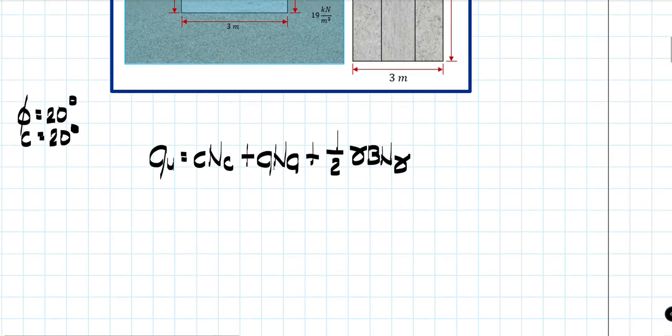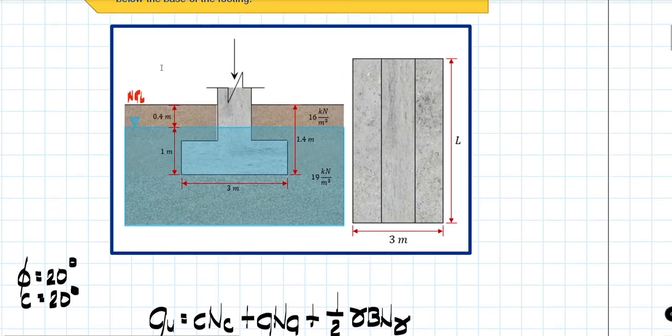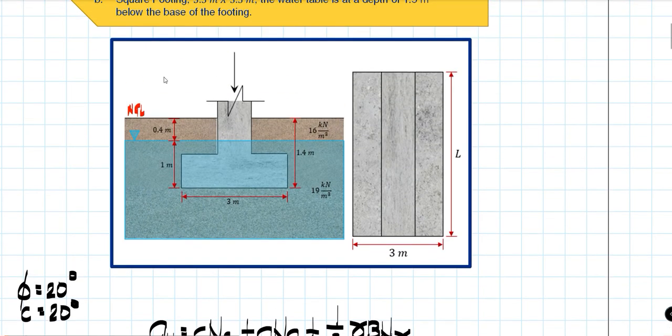So, ngayon, kailangan natin kunin sunod yung surcharge on the second term, which is q. So for our surcharge load, syempre, ang papansinin natin dyan kung mula base ng footing pataas. So as you can see, meron tayong dalawang soil na makikita na bubuhatin ng base ng footing, which is ito at yung saturated na soil.